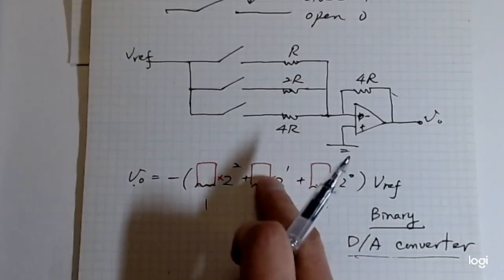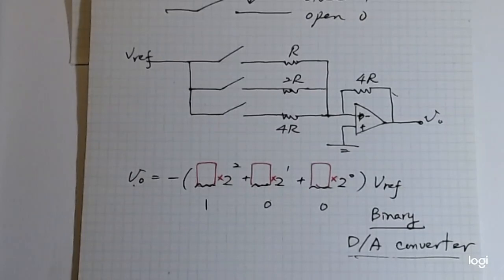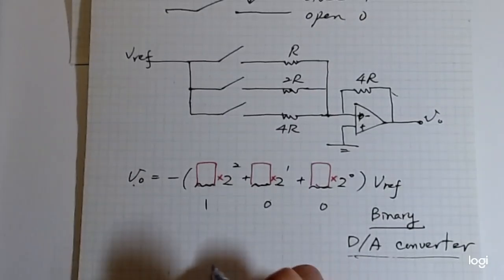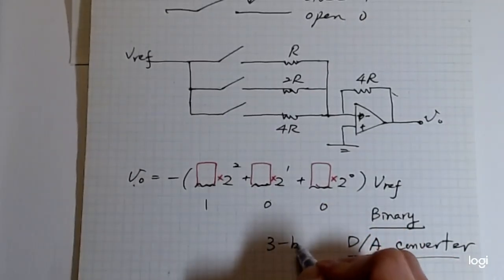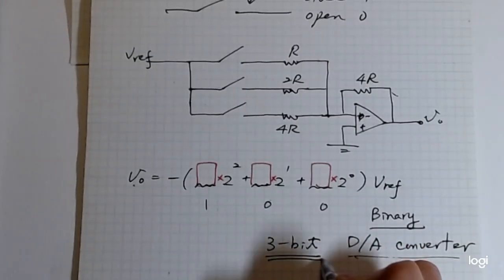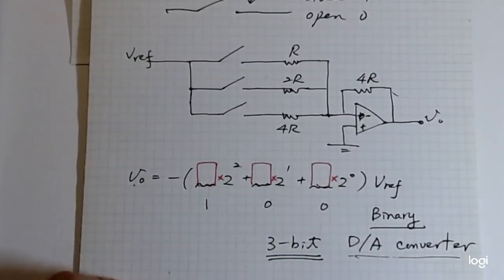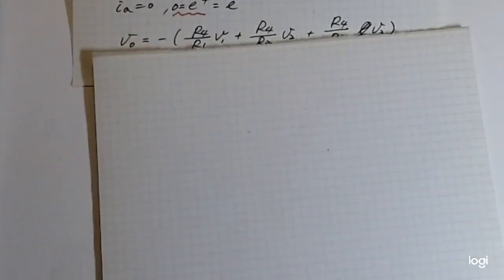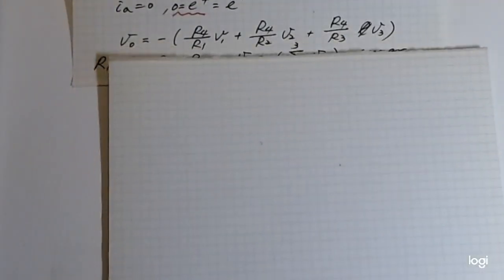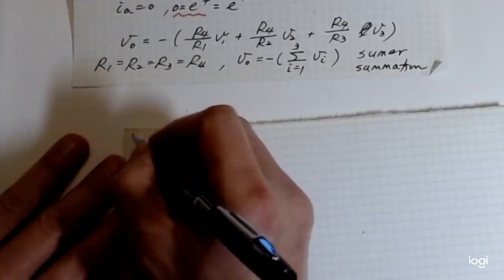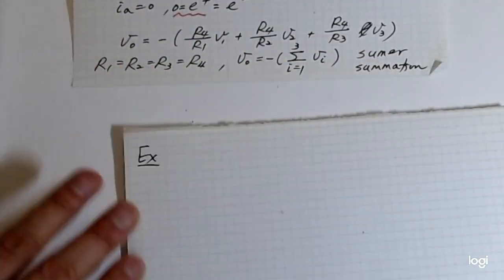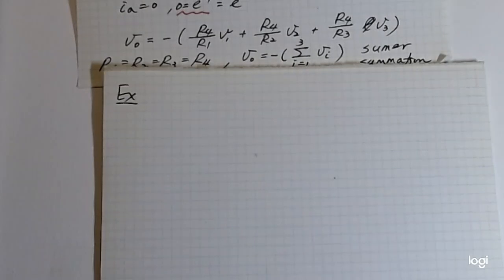Each one is considered to be 1 bit, so you have a 3-bit DA converter. Okay, so this is some basic application of this circuit.